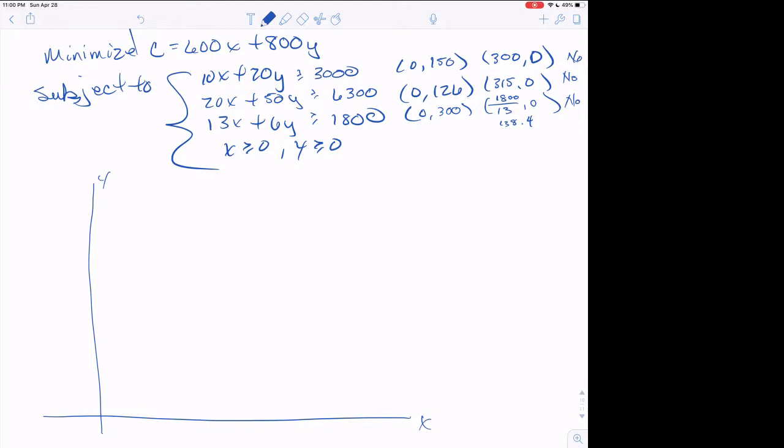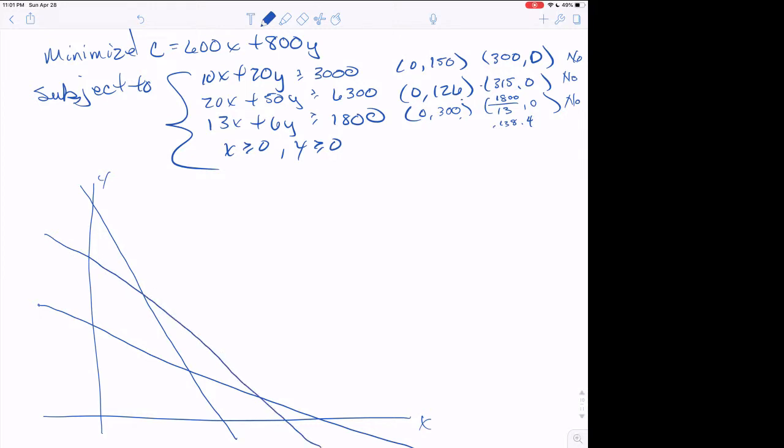How do I graph it? You don't worry about it. You know that this is my smallest value and this is my largest value. This is my smallest x and this is my largest x. So my smallest goes to my largest and my largest goes to my smallest and my middle goes to my middle. So it's going to look something like that.